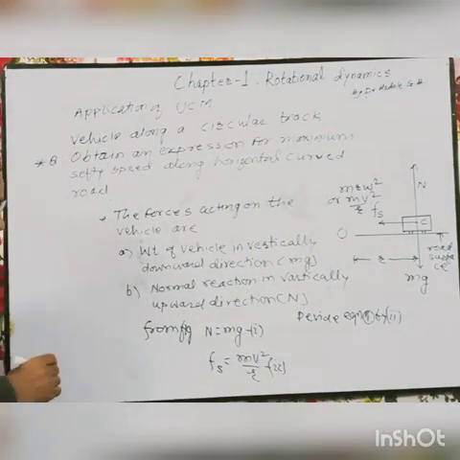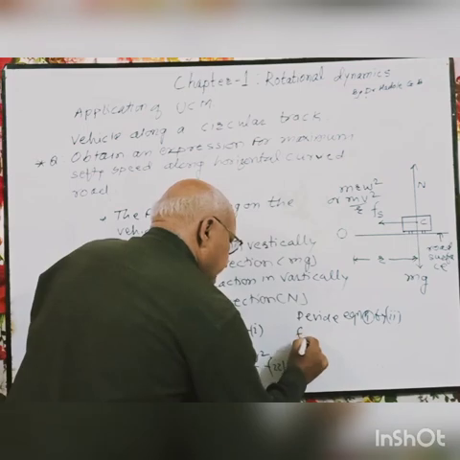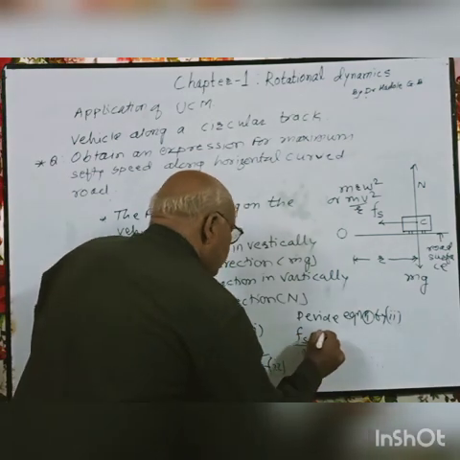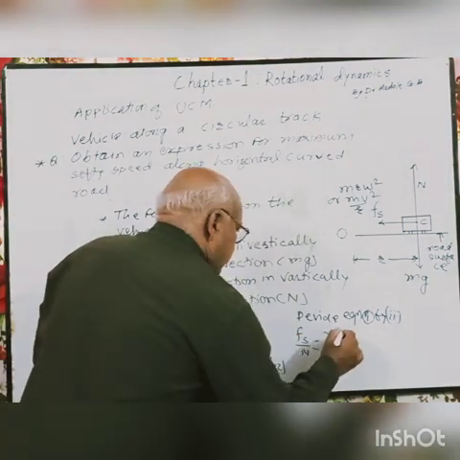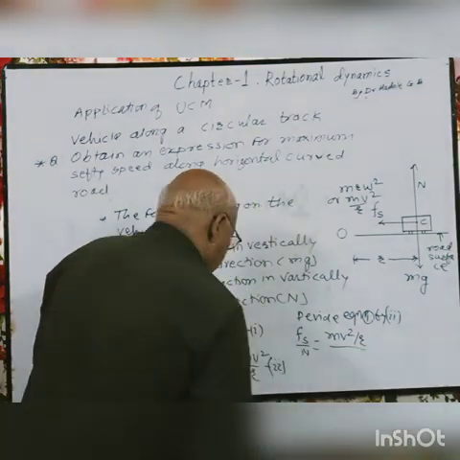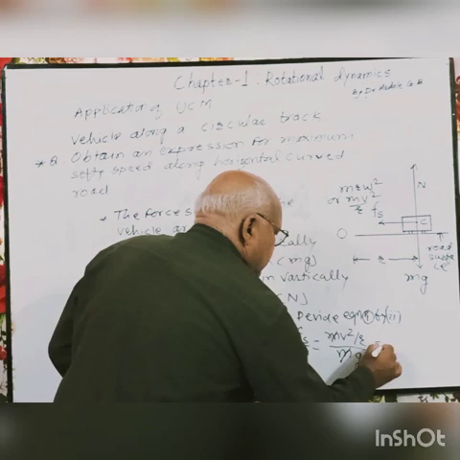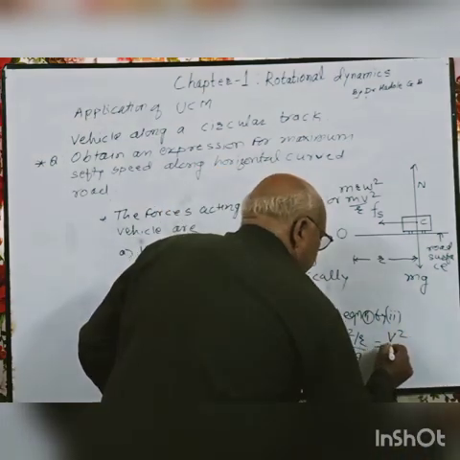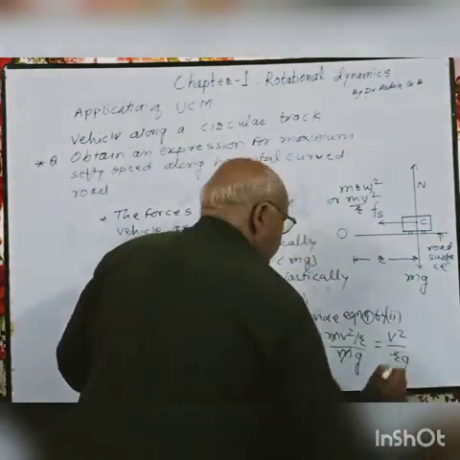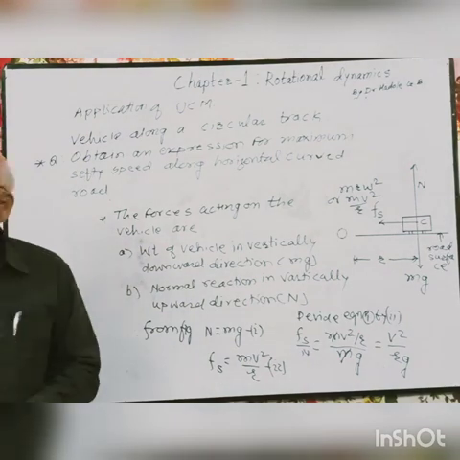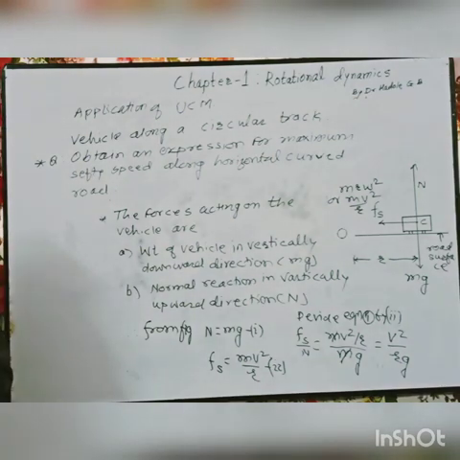We get Fs upon N equal to mv square by r upon mg. This m and m get cancelled and we get v square upon r into g.